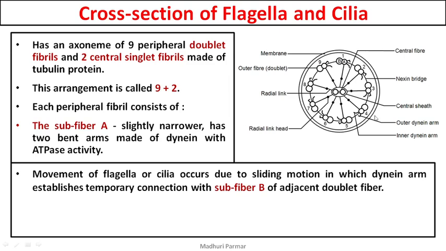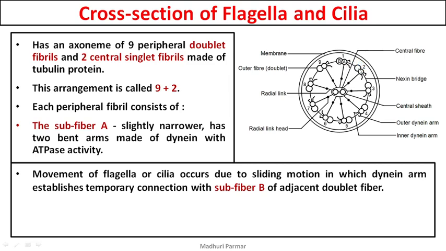In this sliding motion, the dynein arm establishes a temporary connection with subfiber B of the adjacent doublet fiber. So these dynein arms that you are seeing will for some time bind to the B subfiber of the neighbor.